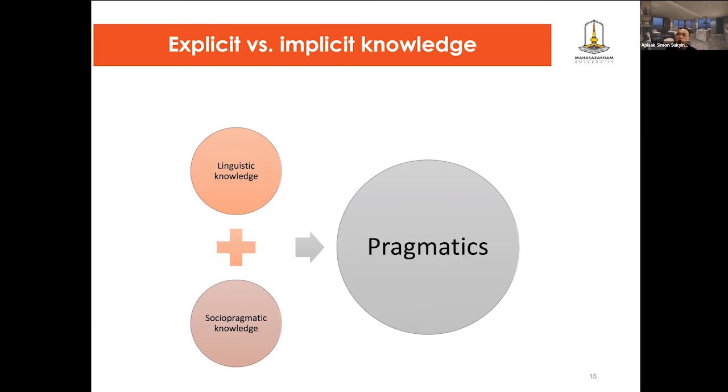Because if you say you must do this or you should do this, you see the difference of the modal verb. So we need to be aware of this in terms of the linguistic knowledge, the knowledge about the grammar or the language itself. Sociopragmatic, we consider the social context when we use the language.